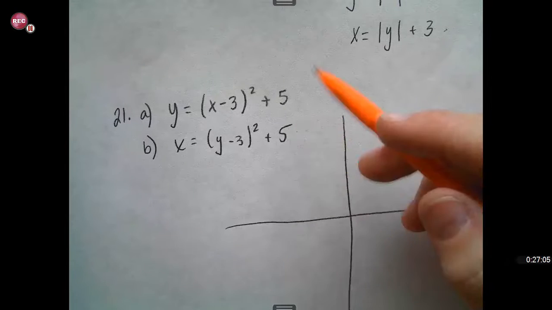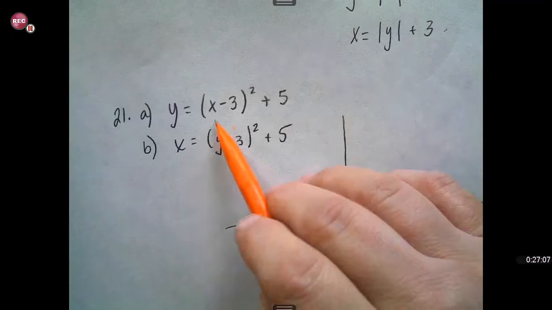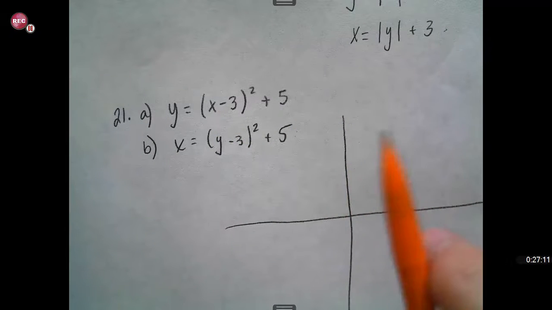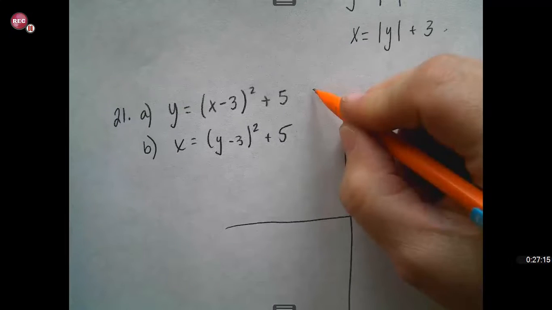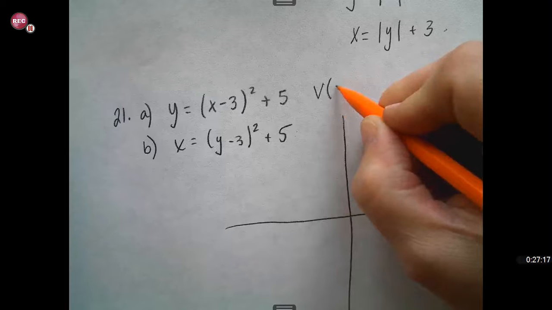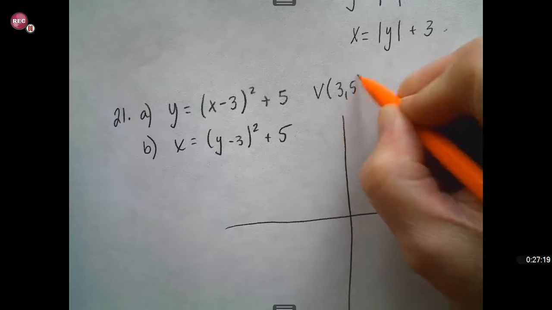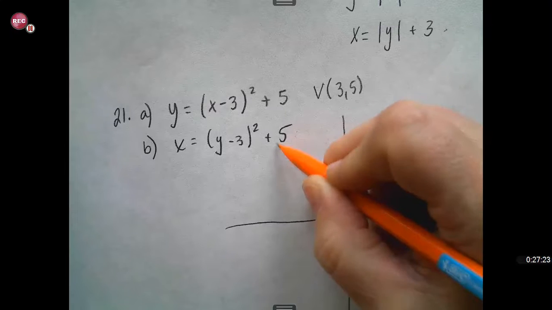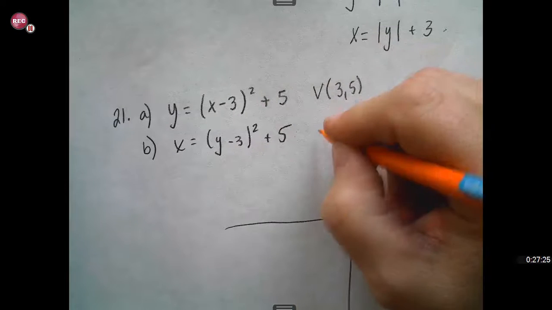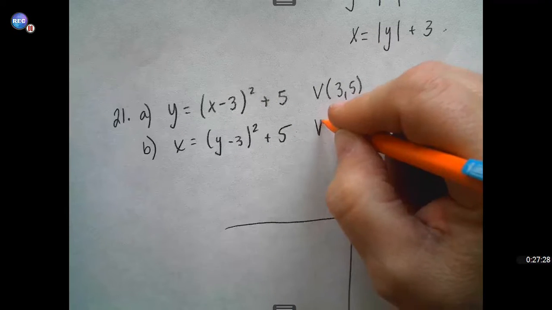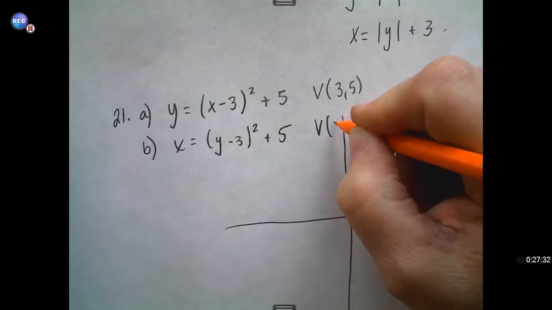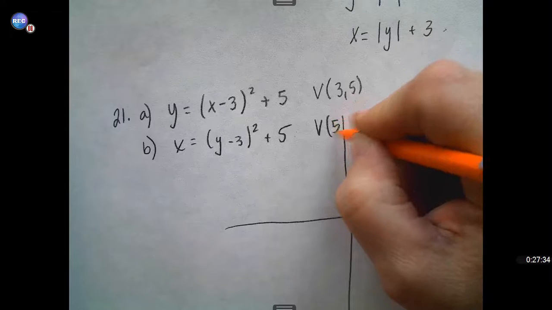Okay, we can tell that because all they did to get this new equation was interchange the x and the y. Okay, so the vertex here is 3, 5, and the vertex here is, if I move this 5 over here, it would be 5, 3.